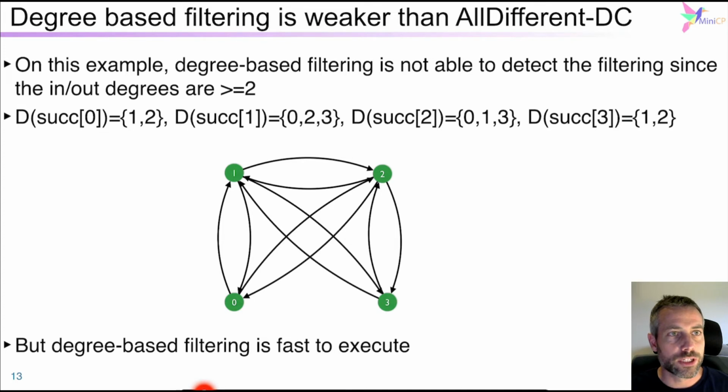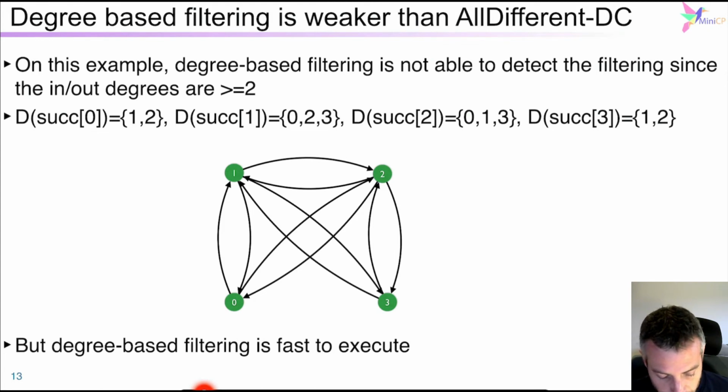The degree-based filtering is a little bit weaker than the domain consistency for all different. Let's see why it's the case. If you look at this example, you see that each city has at least an incoming degree of 2, and each city has an outgoing degree of at least 2. So clearly the degree-based reasoning rule that we have seen before cannot deduce anything on this example. But still, it's possible to deduce something.